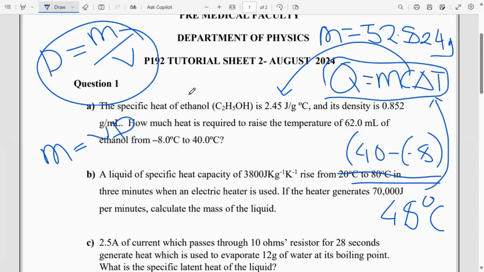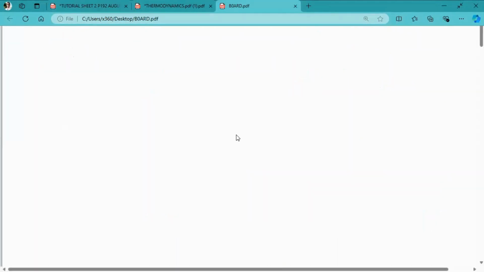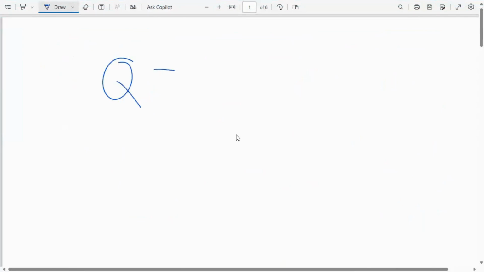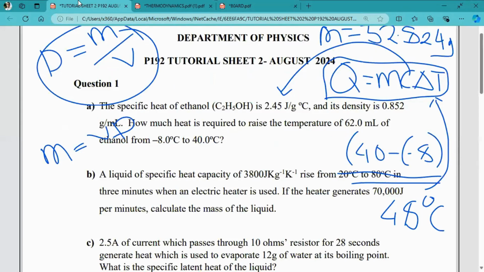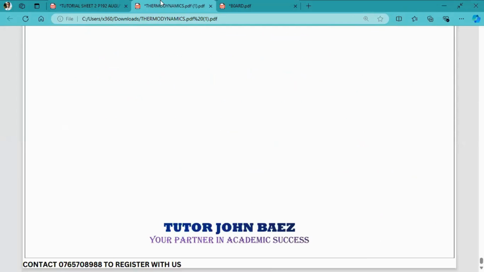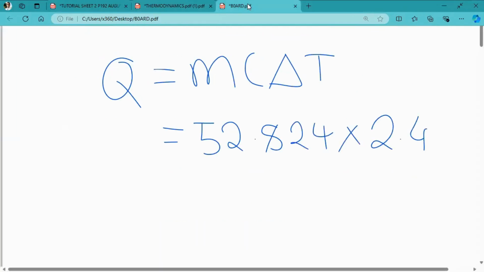So Q is equal to MC multiplied by delta T. Our Q is going to be M, which is 52.824, multiplied by the heat capacity, 2.45, multiplied by the change in temperature, which is 48.